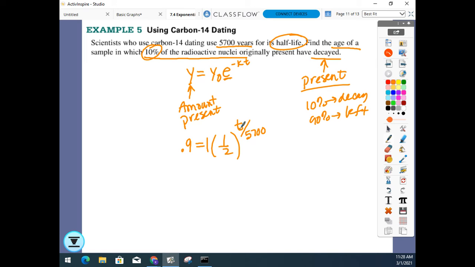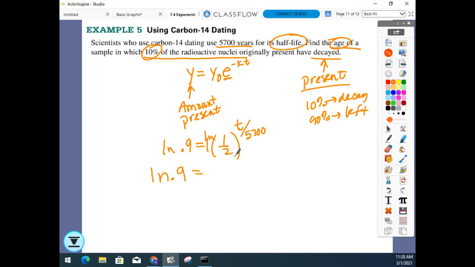All right, now I'm going to solve for t, because we're looking for the age, the time period. So in order to get to t, I'm going to ln both sides, because that's 1, I don't need to worry about it. So I get, let me write this all out, ln 0.9.